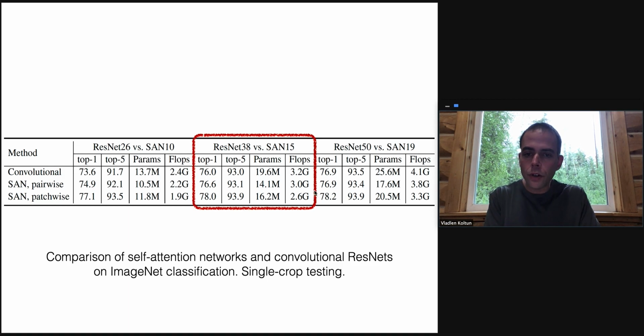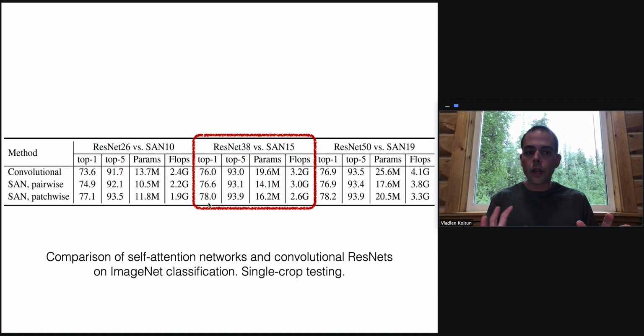Now let's briefly also look at the bottom row where we see even stronger results. This is the patchwise model. It's just like the pairwise self-attention, but it now uses our patchwise self-attention operators that are a strict generalization of the convolution that also adapt to the content of the image. So they incorporate ideas from both convolution and the self-attention operators.